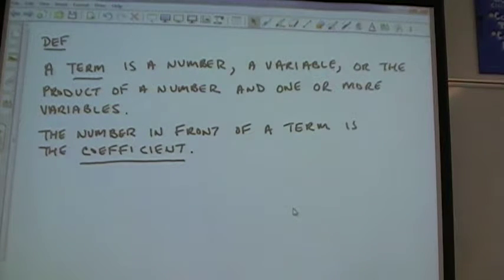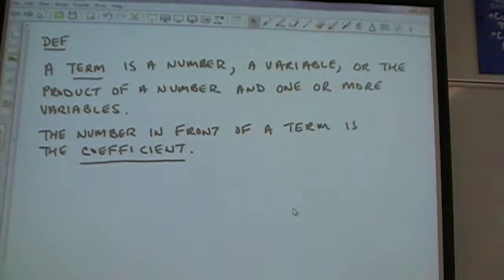What two mathematical operations separate terms? Subtraction and addition. Those are the only two, not multiplication and division. All right, it's all considered one term if you're multiplying or dividing. You have to have addition or subtraction to separate terms.